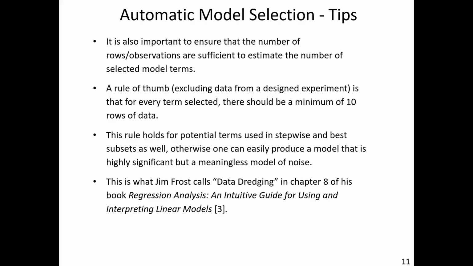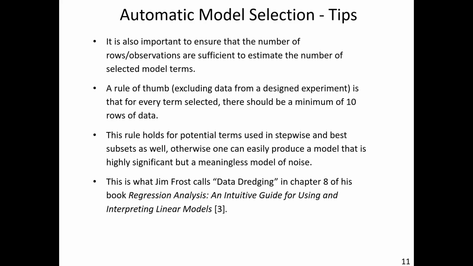Now, some additional tips. It's important to ensure that the number of rows (observations) is sufficient to estimate the number of selected model terms. We do have automatic checks for scenarios such as backward selection, where you have more columns than rows, and will automatically kick out the illegal columns.